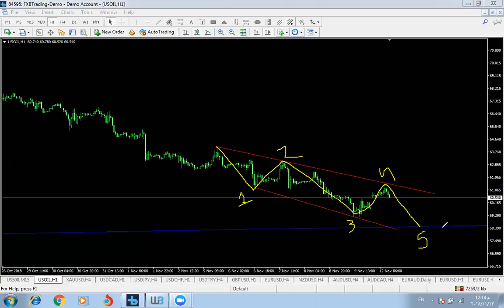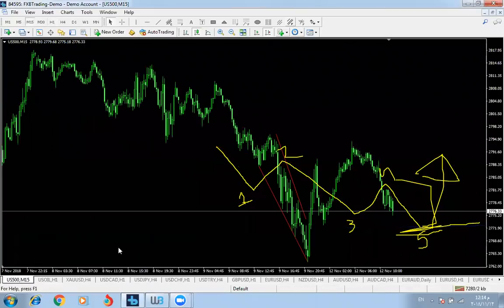So you can take this short position to the downside, and after confirming the reversal by the price action at this level, we will start to build up our positions to buy orders from this area.